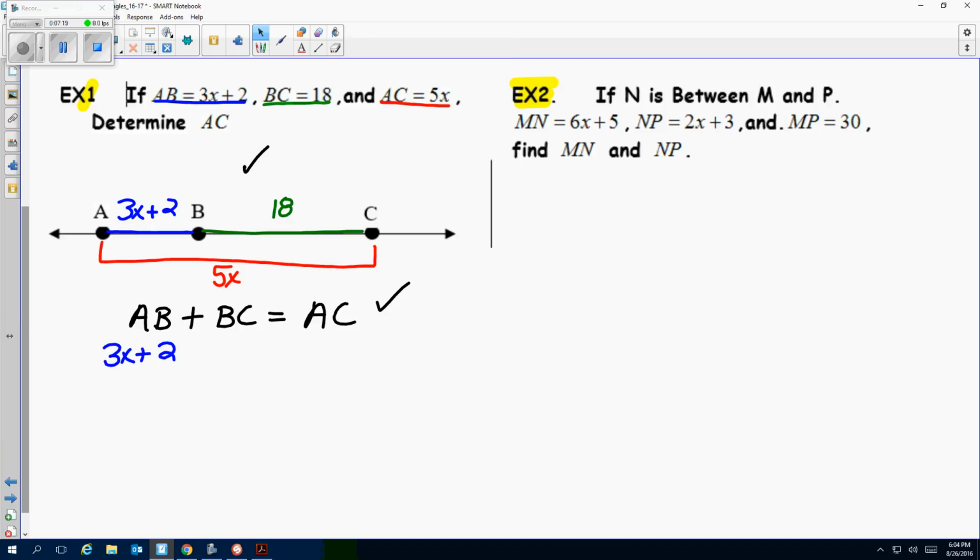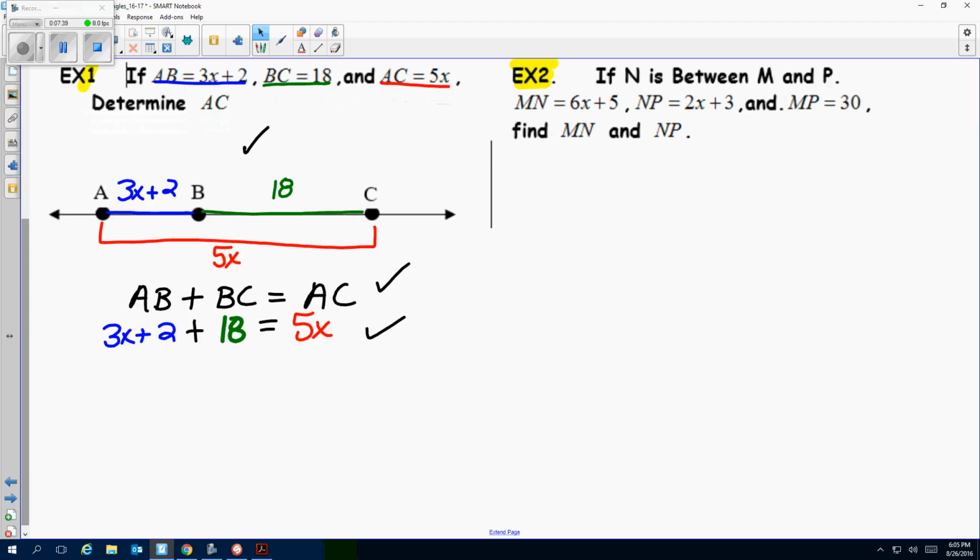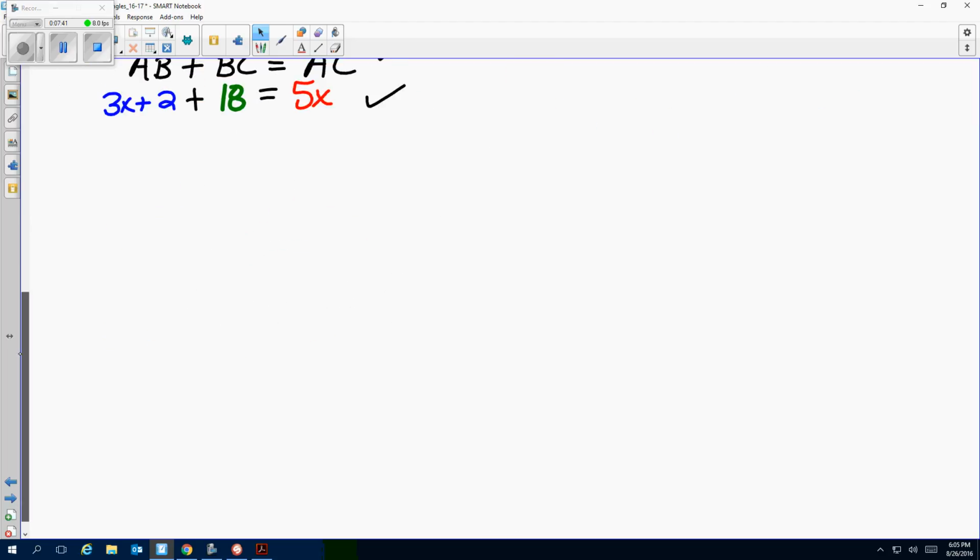For BC, we know it has a measure of 18, so I'm going to substitute that 18 there. We also know that AC is 5x, so you could substitute. If you show that substitution correctly, I can give you a point or two for that as well.